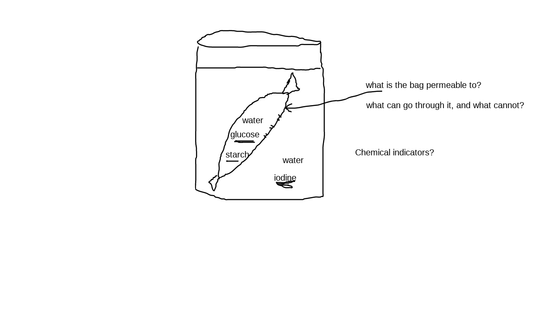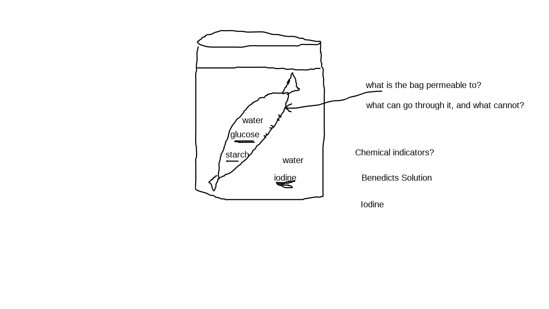Yes! Benedict's solution is a chemical indicator. That's beautiful. I didn't even have it up here, but I'll put it up. So Benedict's solution is one, and the other one that's in this picture is iodine. Both of those are chemical indicators.